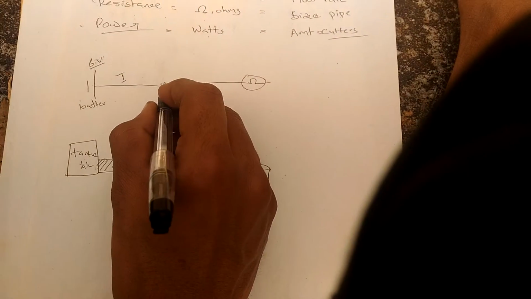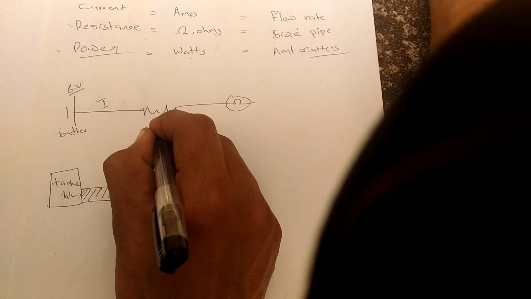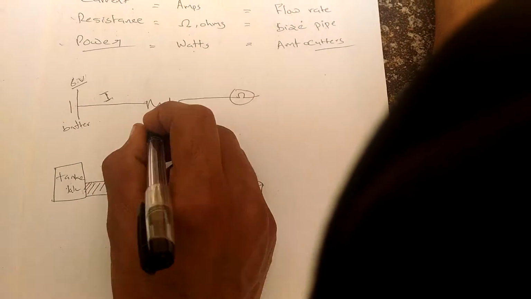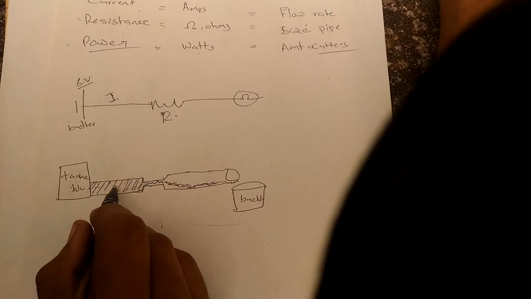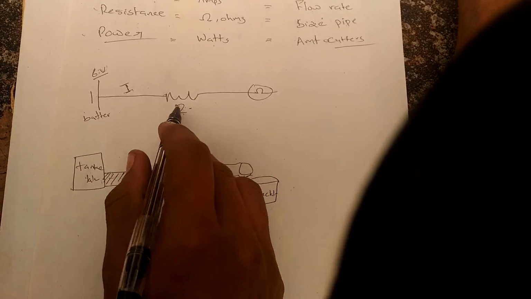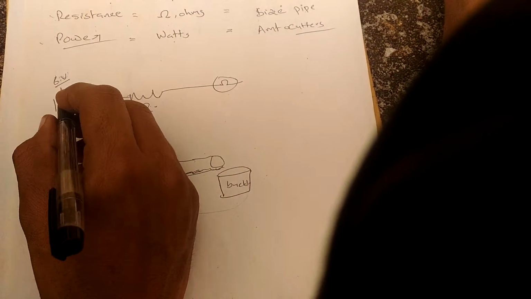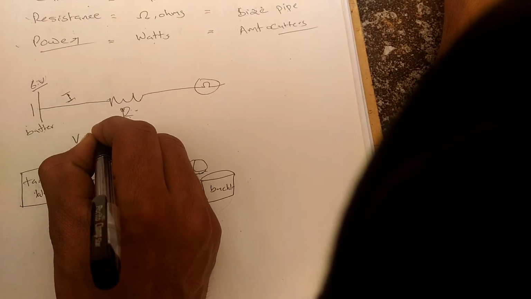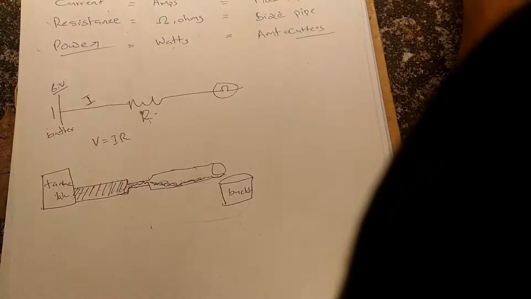Like that, when the resistance increases, the current decreases. That is how the current and resistance are related. So please keep in mind the equation V = IR, which means voltage is equal to current multiplied by resistance.